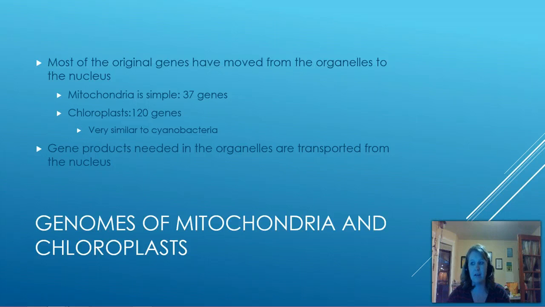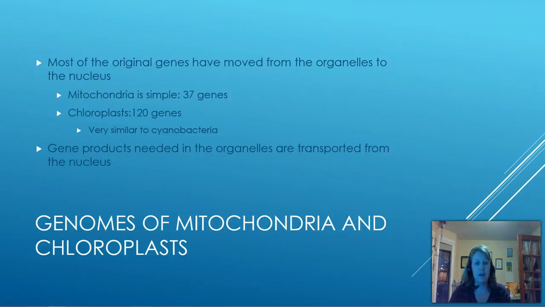Mitochondria have a small genome, about 37 genes, and chloroplasts have about 120 genes. And the genome of the chloroplast is actually really similar still to the cyanobacteria, which is a photosynthetic bacteria. So it's a pretty good relative of what was the ancestral chloroplast for us.